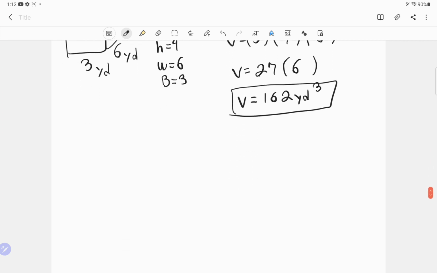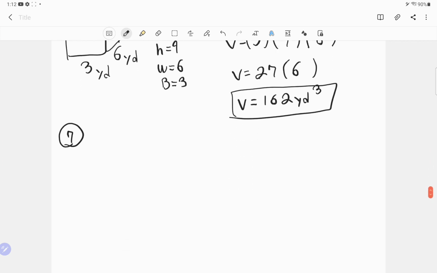Okay, now we're going directly to number 7 here. Oh, I like this one. So at this point in your review, you are no longer dealing with numbers. You are dealing with expressions only. So all we're going to do, we're going to deal with the expressions at this point.